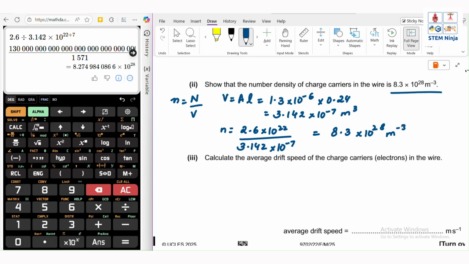Now calculate the average drift speed of the charge carriers, the electrons, in the wire. So we have I is equal to NAQV. So V would be equal to I over NAQ.